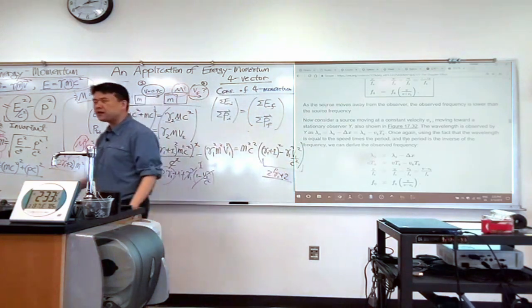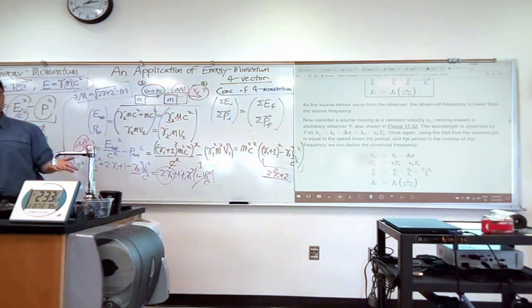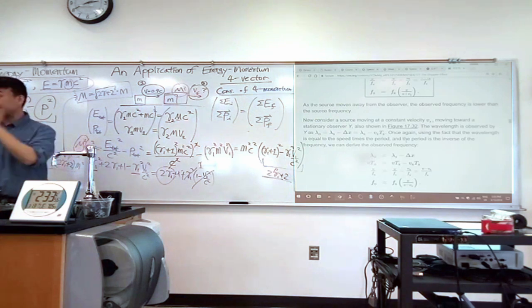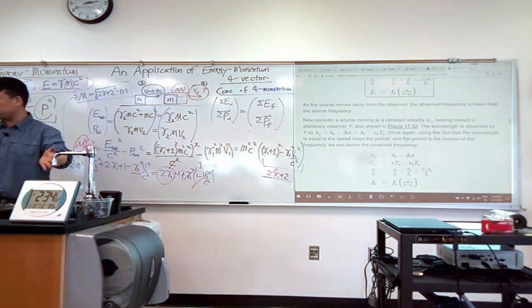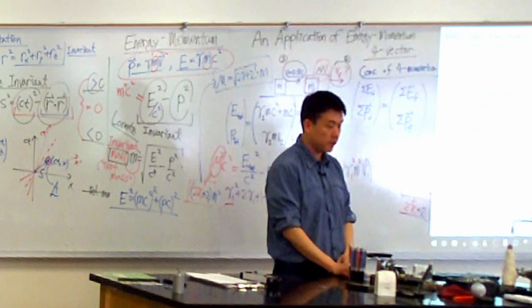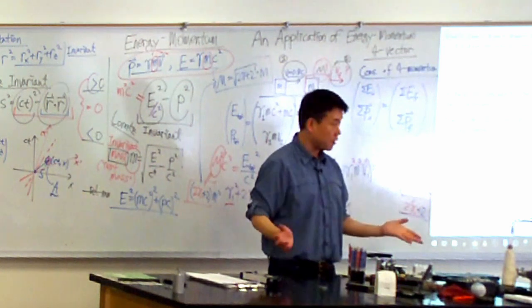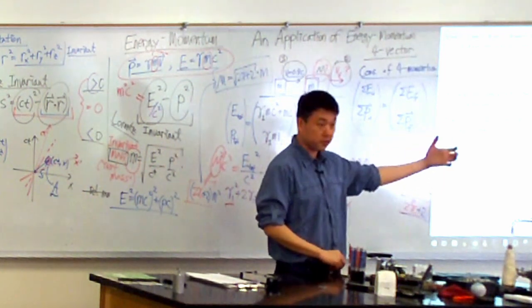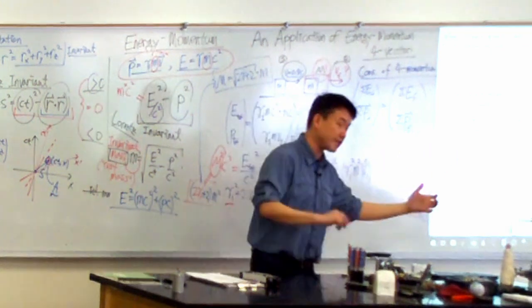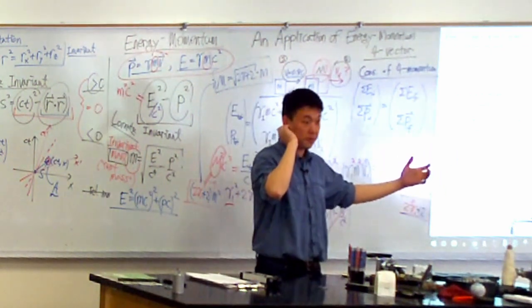Why is that? Why do we care with the Doppler shift for light? Sorry, not light, sound. Does it make a distinction if it's the source moving or the observer moving? Physically, is there a difference? Here I can observe a Doppler effect in two different ways. I could have a speaker that's stationary, and I could be moving, and the sound I hear will change in pitch.